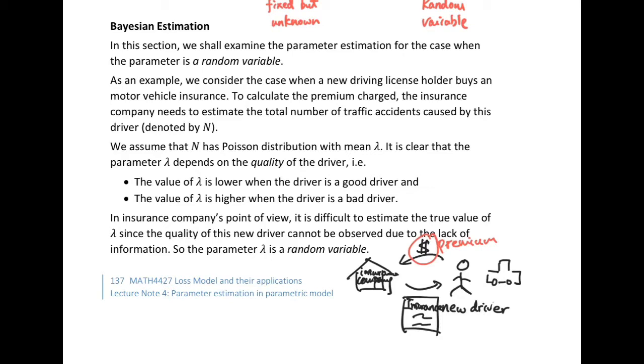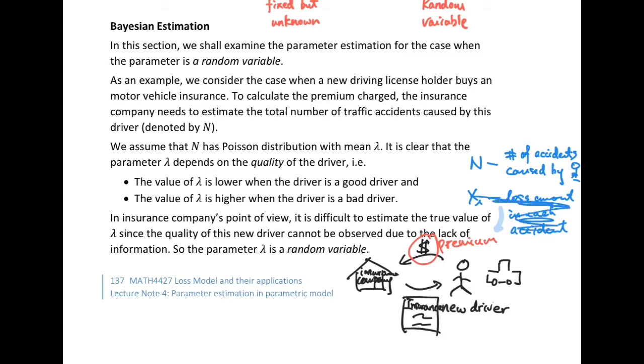One is the number of troubles caused by the driver, which is the claim frequency, N. Another one is S, which is the loss amount in each accident. These are the two things the insurance company needs to estimate. Here, let us first focus on the claim frequency.